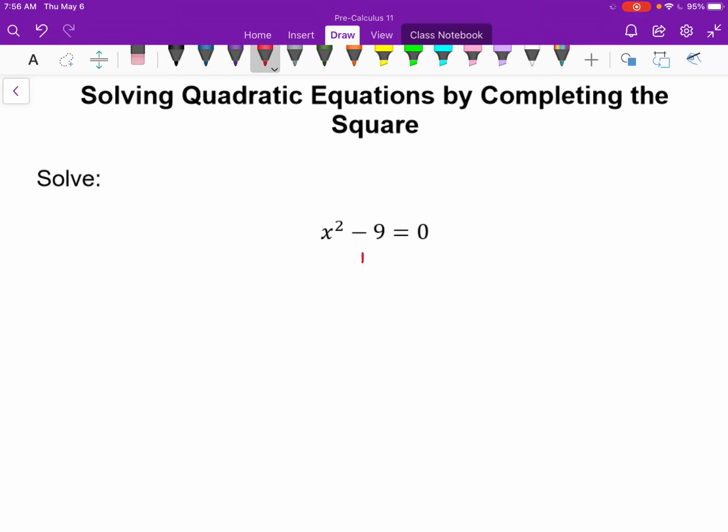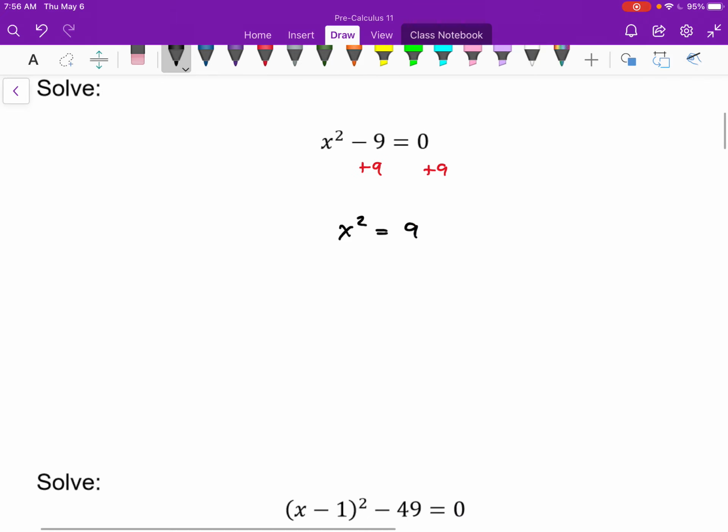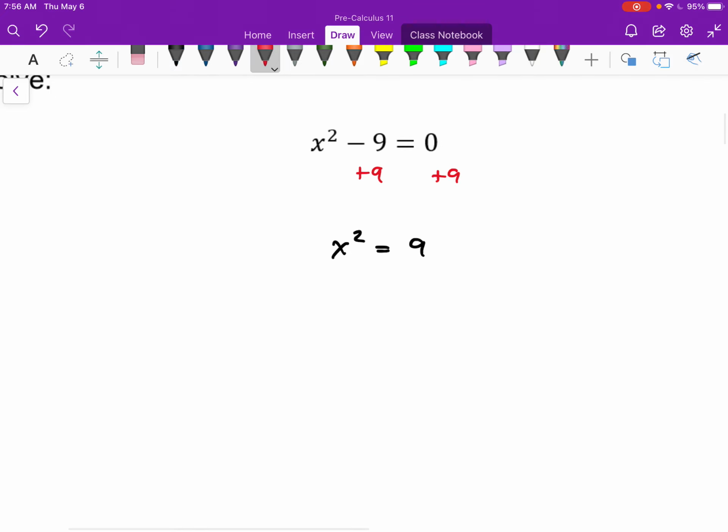If I just add 9 to both sides, I get a nice simple equation, x squared equals 9. And if I imagine that I'm square rooting both sides, although again, you probably can just see the answer by looking at it, that means x equals the square root of 9, which is 3, or the negative, because if x is negative 3, negative 3 times negative 3 is also positive 9.